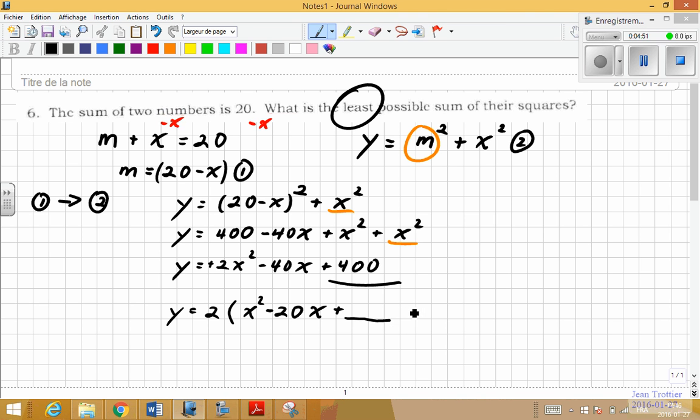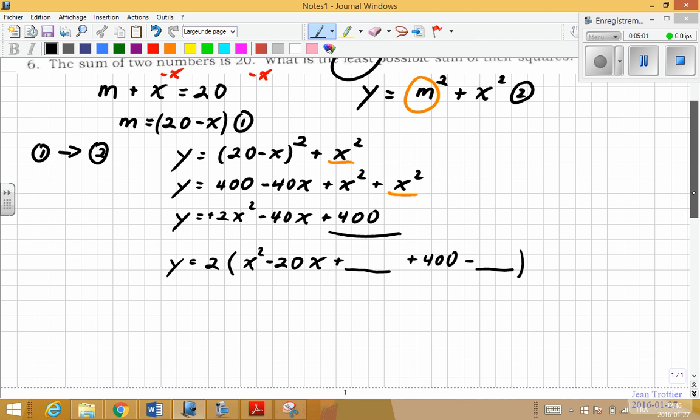And then we have the plus 400 that's already there. And I'll have to remove whatever I add. To find out what goes here, which is our c value, in ax squared plus bx plus c, c equals (b over 2) squared.